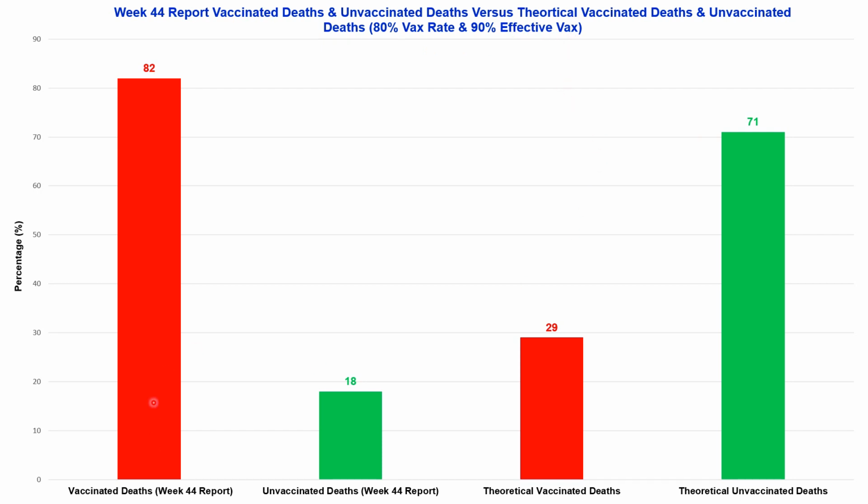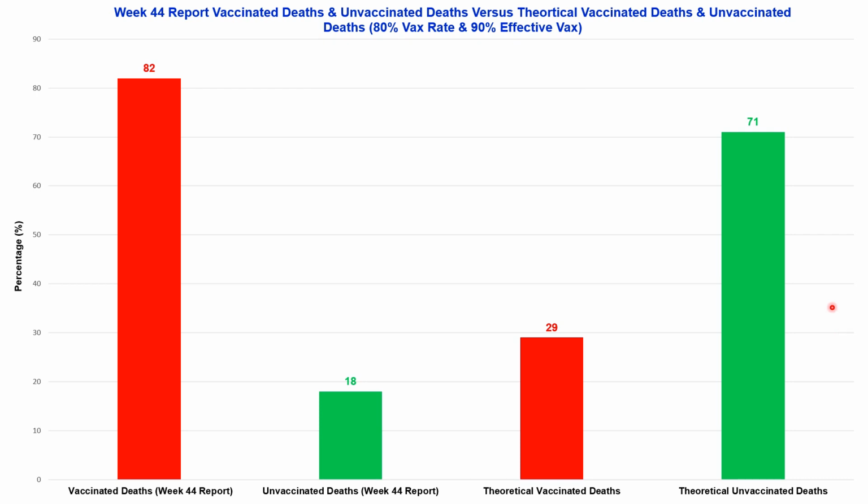So here's the vaccinated deaths, week 44, here's report, here's the unvaccinated deaths, 82 to 18, theoretical vaccinated deaths, 29 to 71. It's the other way around. So what they've said is not true. It's not true, it's wrong.